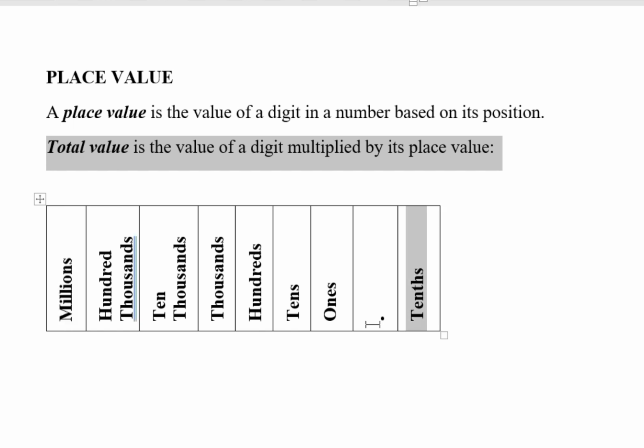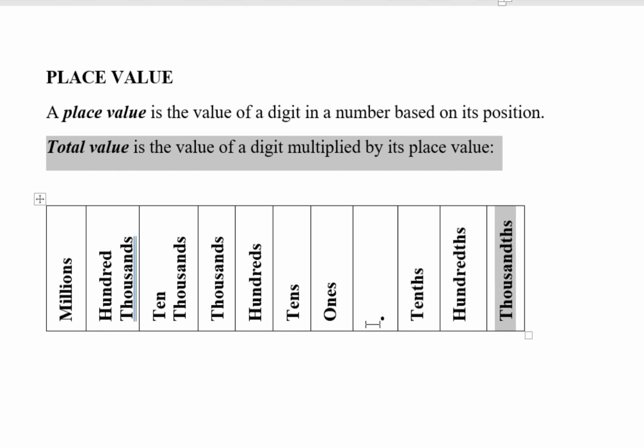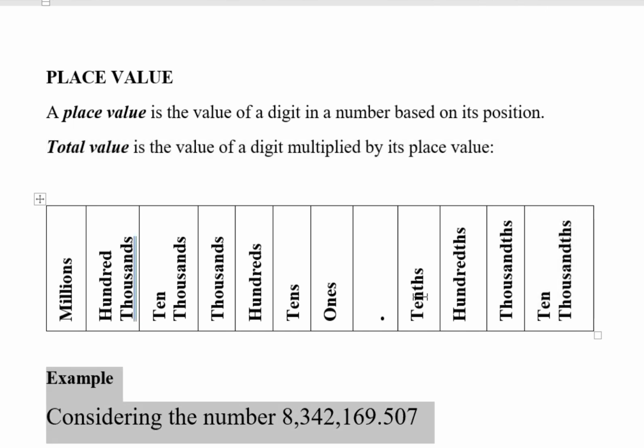Then the one which follows it takes a place value of hundredths, then thousandths, 10,000ths, etc. Now you notice that for these numbers which are to the left hand side, the place value begins with ones, while for those to the right of the decimal point, they begin with tenths. They don't have ones.